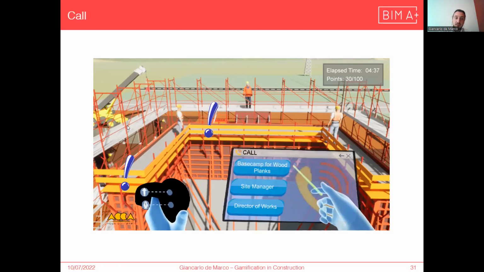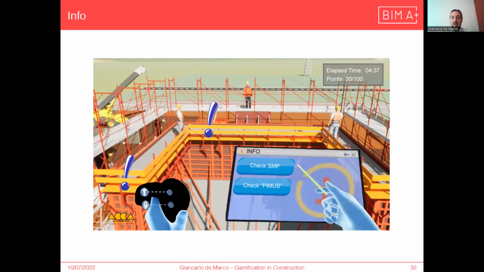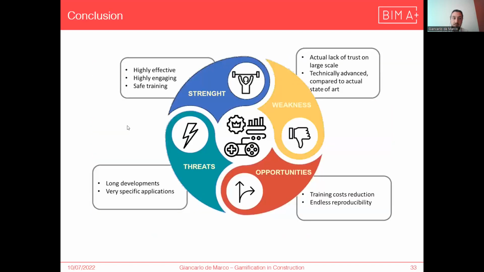The appointed work supervisor could also call the base camp for bringing wood planks, or if the situation is too dangerous, call the site manager or the director of works. As nobody remembers anything by heart, a tool for checking the safety management plan or the assembly and disassembly procedure for the scaffolding can be checked at all times.